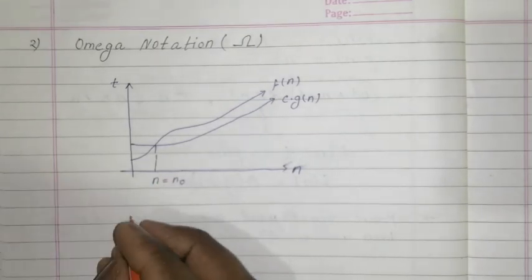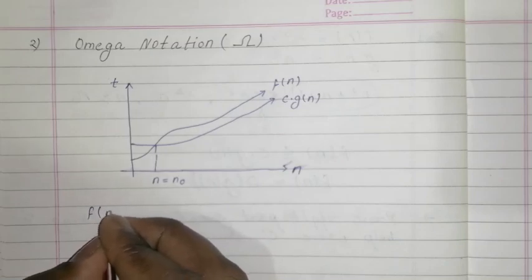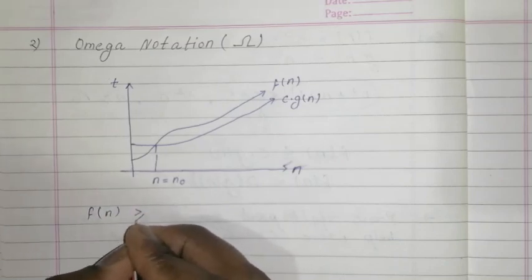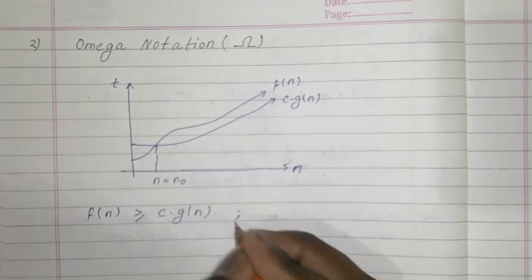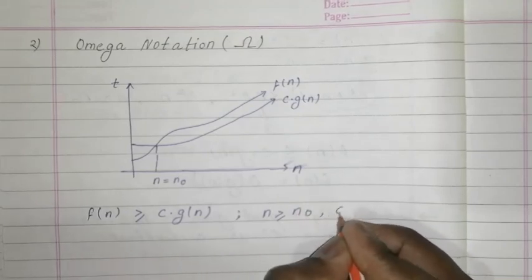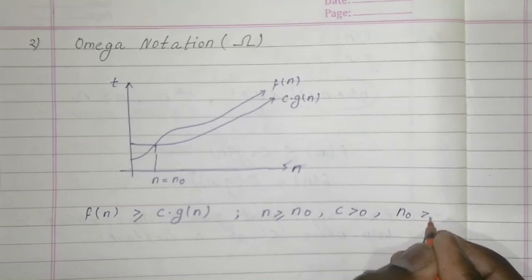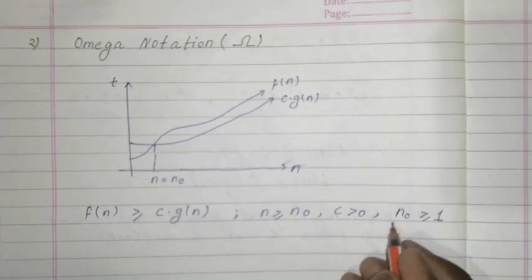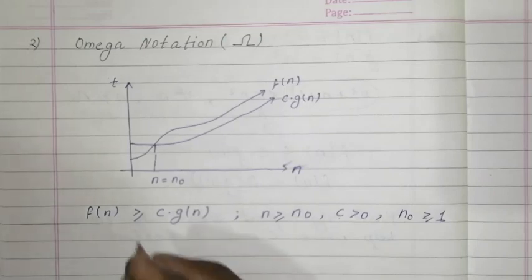So big omega notation says that f of n is greater than or equal to c into g of n, where n is greater than or equal to n naught, c is greater than 0, and n naught is greater than or equal to 1, where c and n naught are constants.